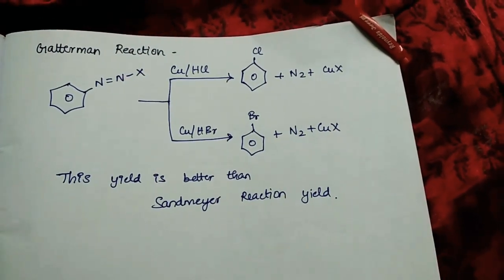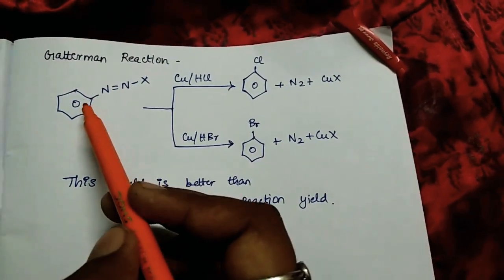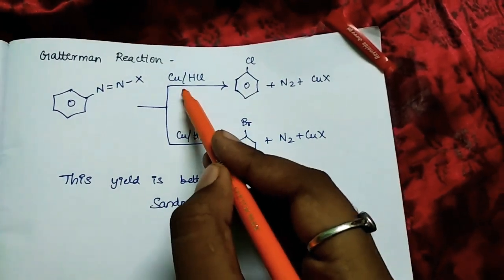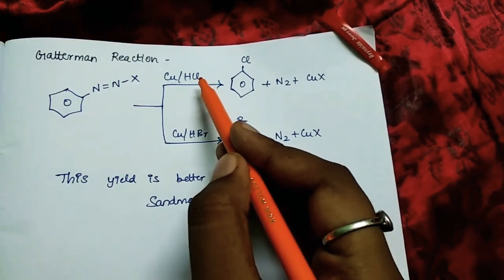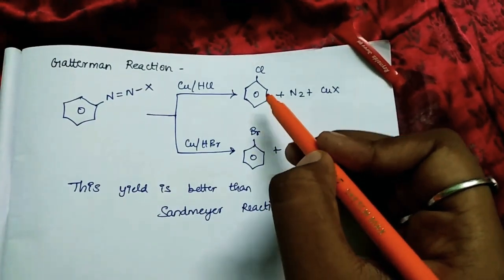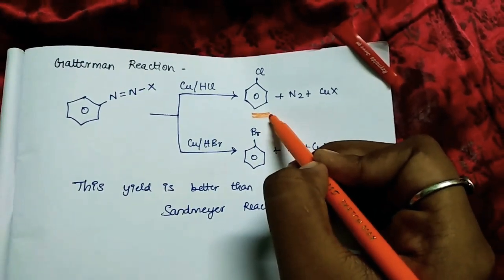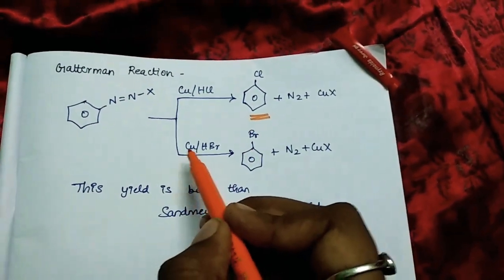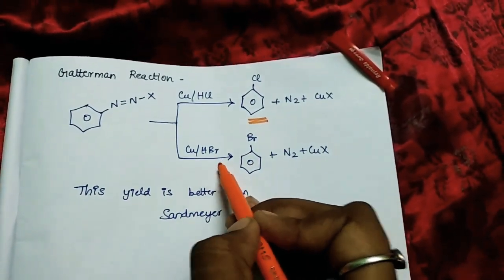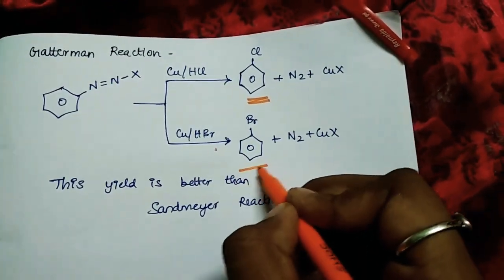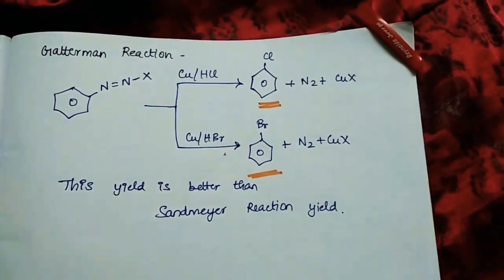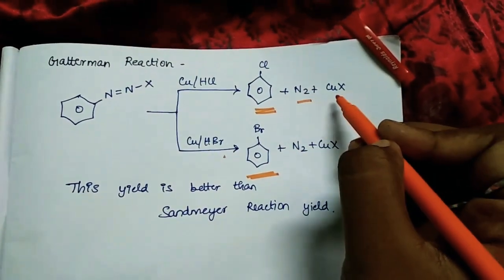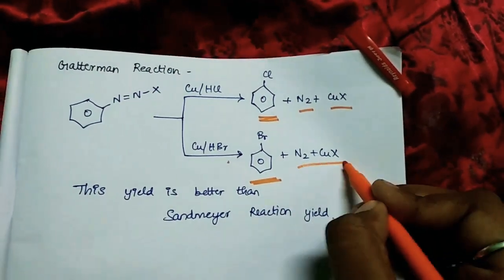Next is Gattermann reaction. In this, benzene diazonium salt in the presence of copper and hydrogen chloride gives chlorobenzene. If we take copper in combination with hydrogen bromide, it gives bromobenzene, and the leftover is nitrogen and copper halide.